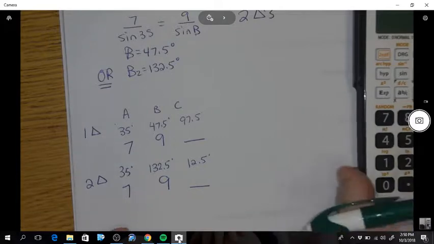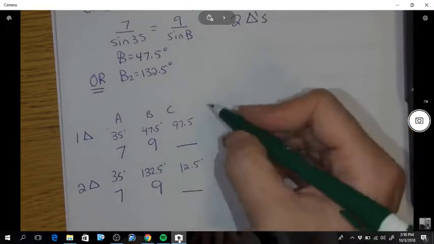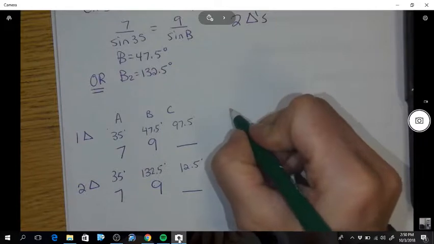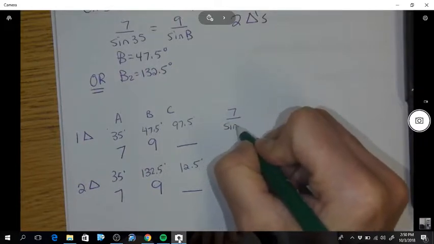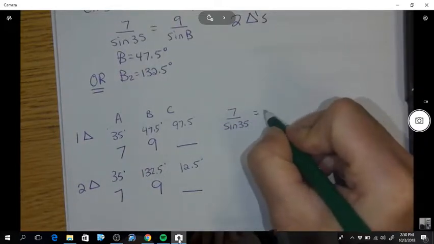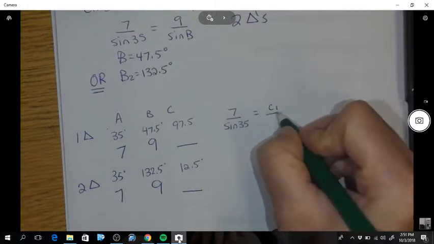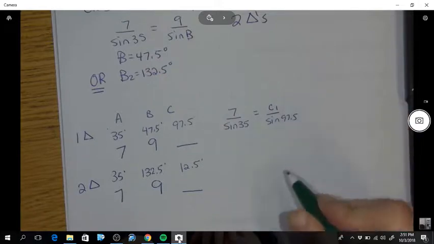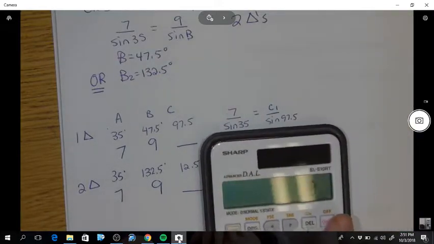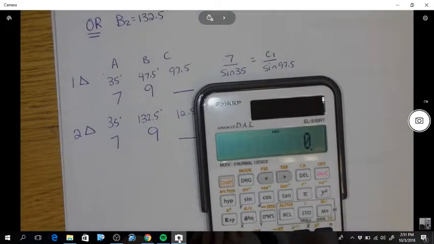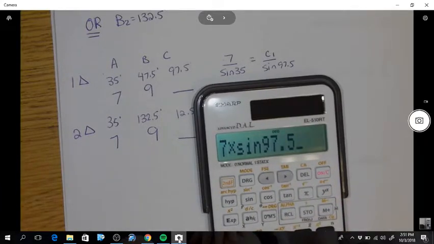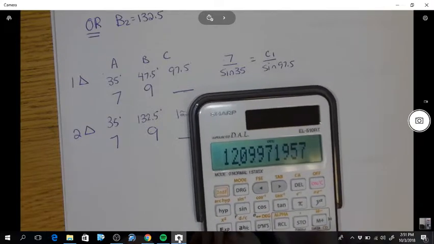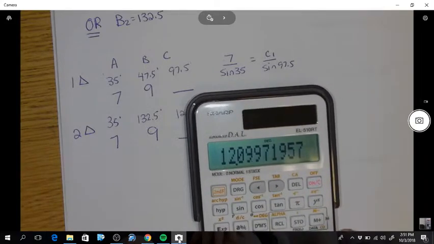Here's what we're going to do. 7 over sine 35 is equal to C, I'm going to call it C1, over sine 97.5. 7 times sine 97.5 divided by sine 35 equals 12.1.